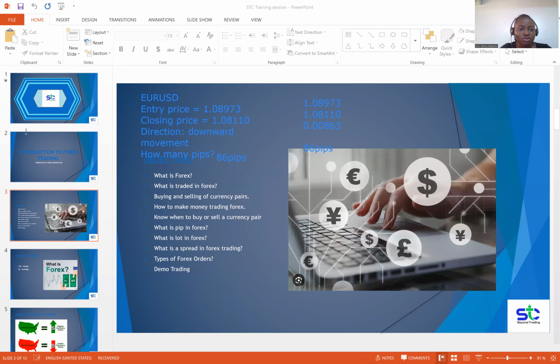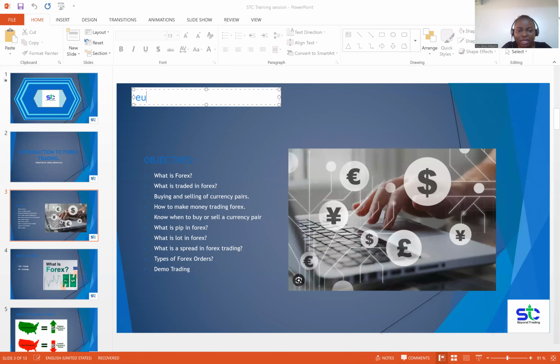Okay, I want to do another explanation before we call it a day under pips, and I will be using the one that has JPY again, just to make us understand better. So let's assume I use JPY.